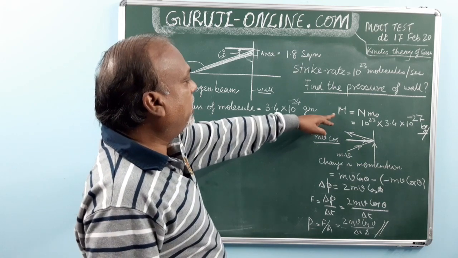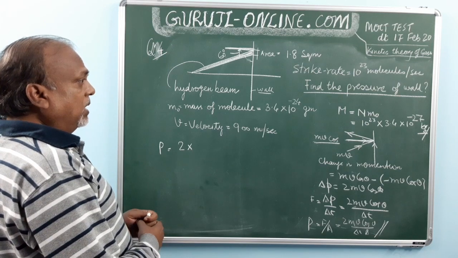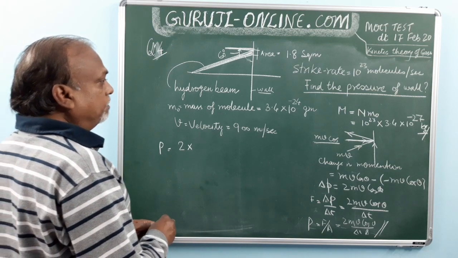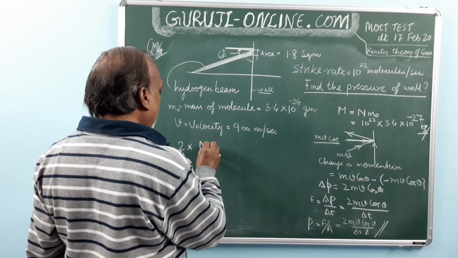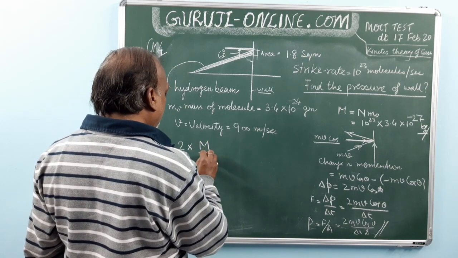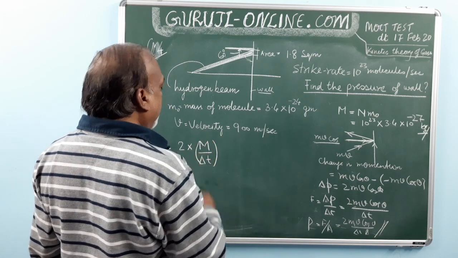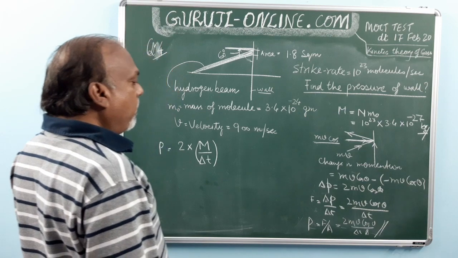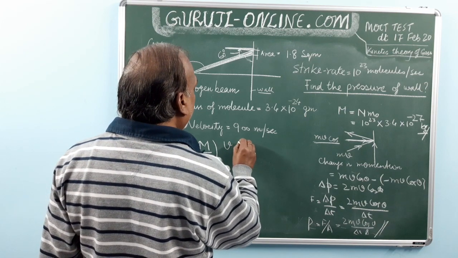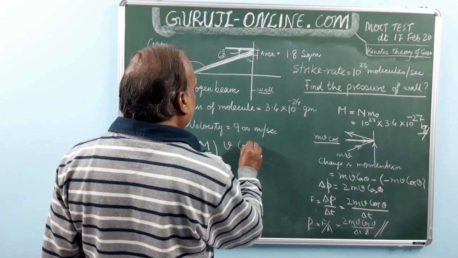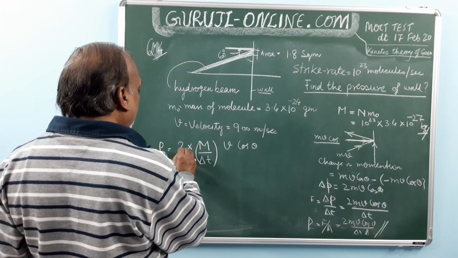M here is basically this, because this much mass is striking per second. This is basically M upon delta T, and then v cos theta divided by A.